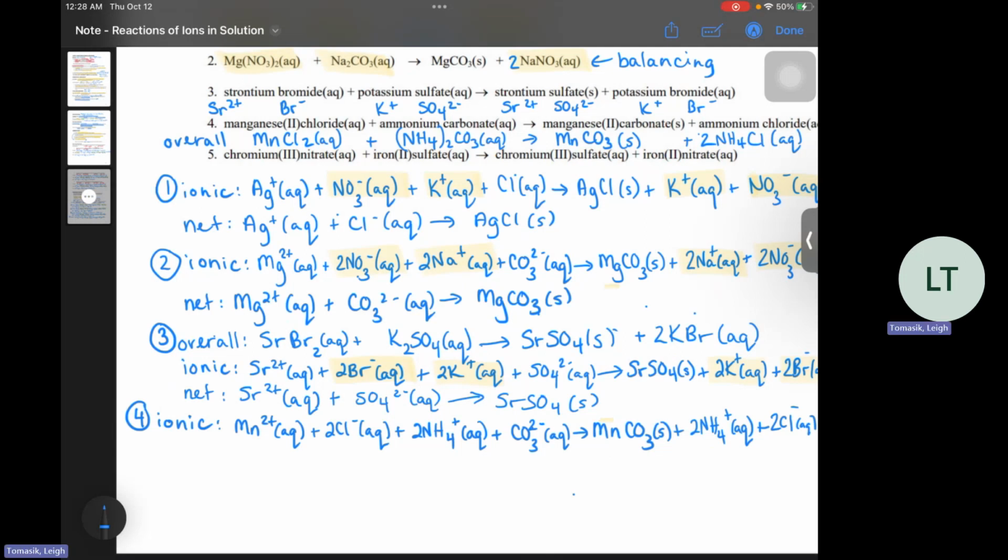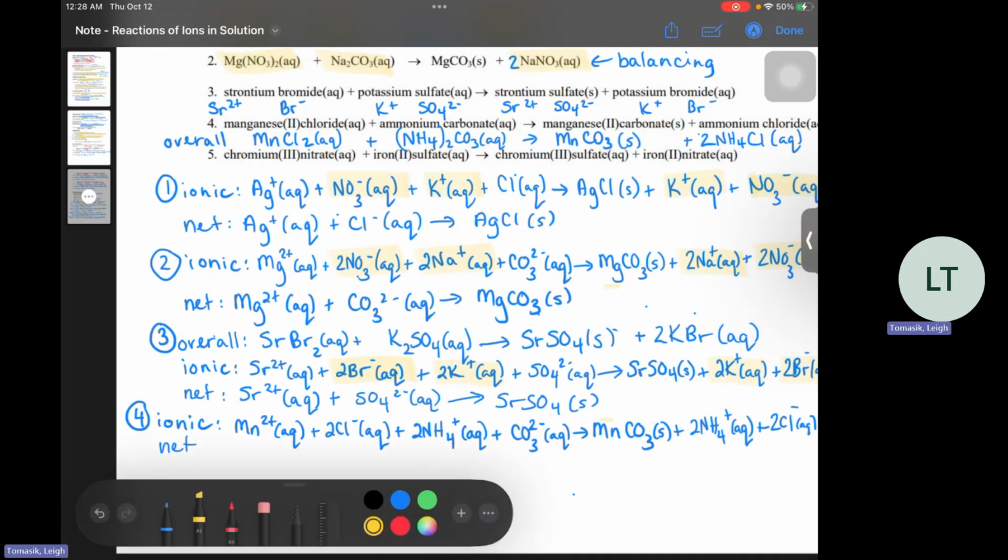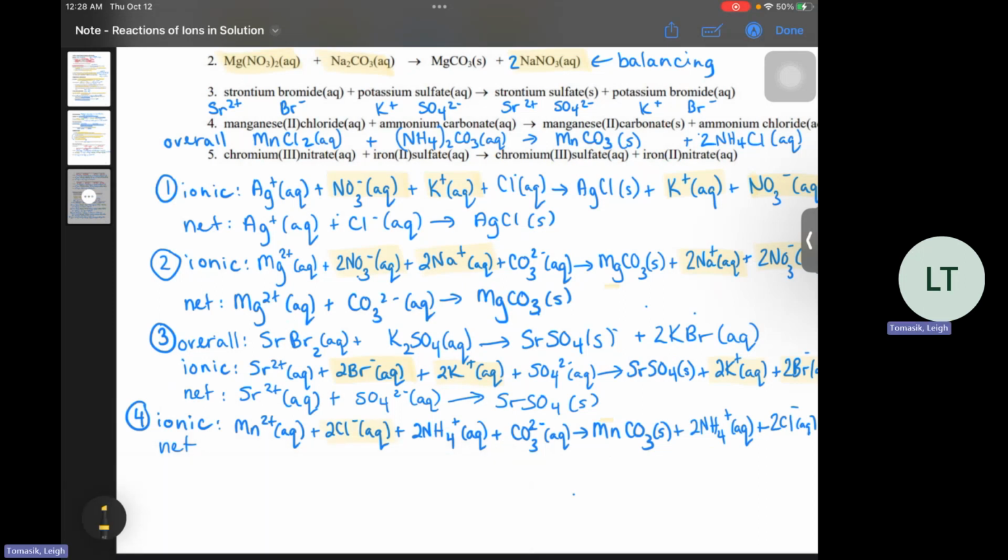Okay, and then before we do our nets, we're going to figure out which ones are our spectator ions. So manganese becomes part of the precipitate. Chlorine does not, and ammonium does not.